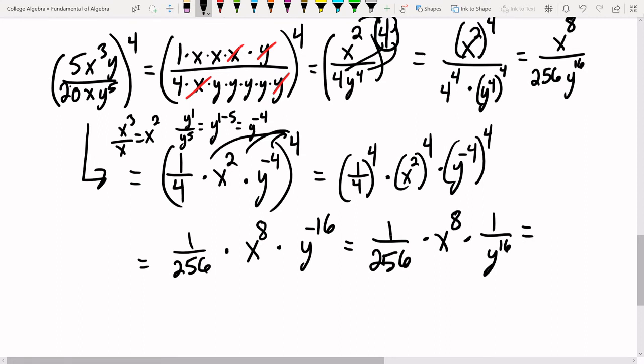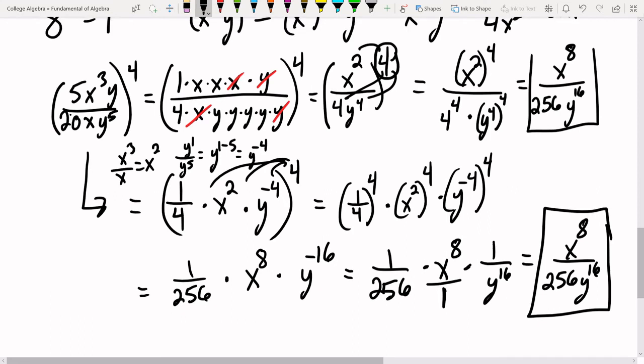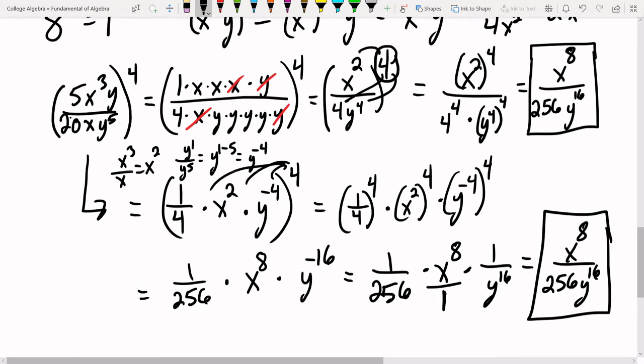And we can multiply this all out, right? X to the 8th is over 1, and we get x to the 8th over 256 y to the 16th. And we get the exact same thing we got previously here, which you should expect.